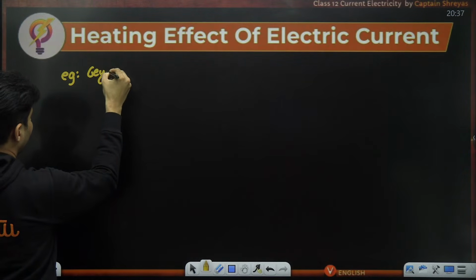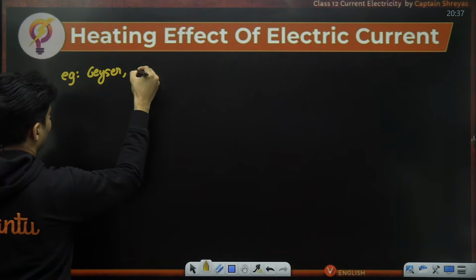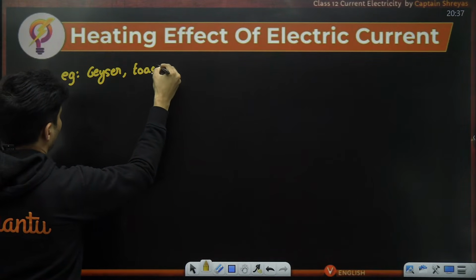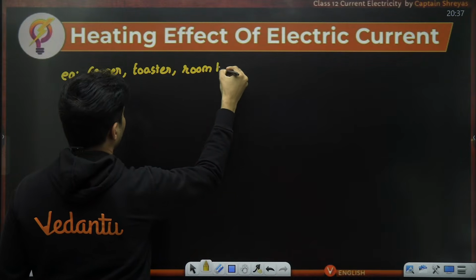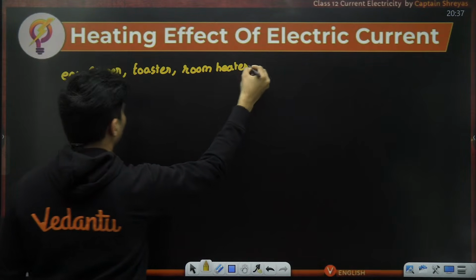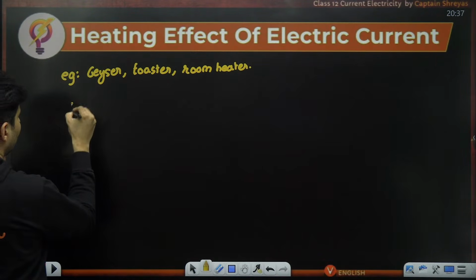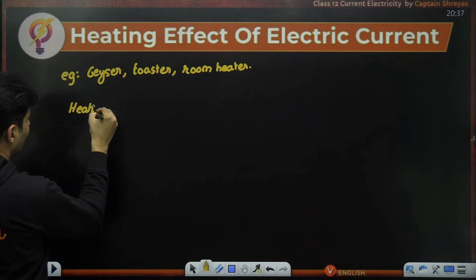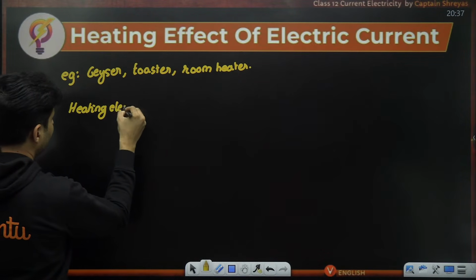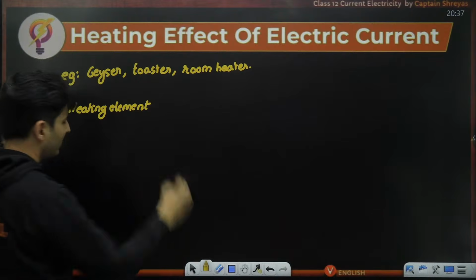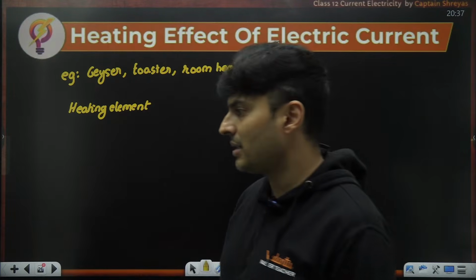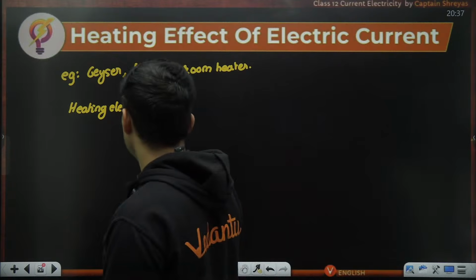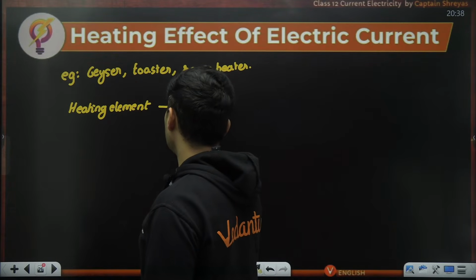Your electric geyser, or your toaster, or your room heater, they usually have the heating element, which is usually made of some high resistance wire like nichrome and tungsten. So high resistance elements are used.